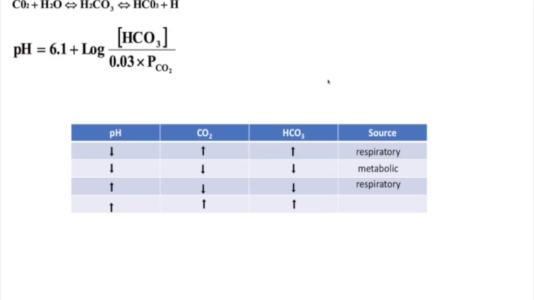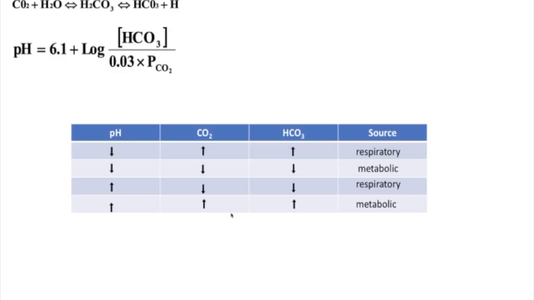So we know that we are dealing with a metabolic alkalosis, and the CO2 is up, but we know that that's compensatory because a rise in CO2 drives our equation to the right and generates more protons, not less, and it's actually causing our pH to drop. So our pH is still rising, but it's not up as far as it would be were our lungs not allowing CO2 to build up in the blood.